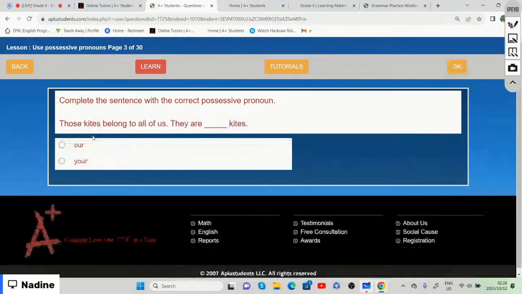Those kites belong to all of us. So if the kites belong to all of us, then we say that they are kites. Is it our kites or your kites?